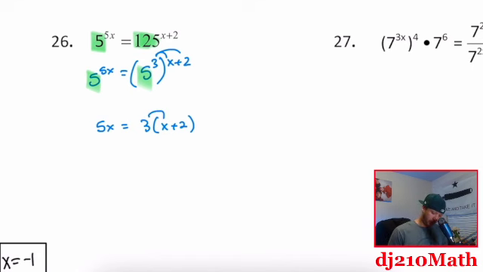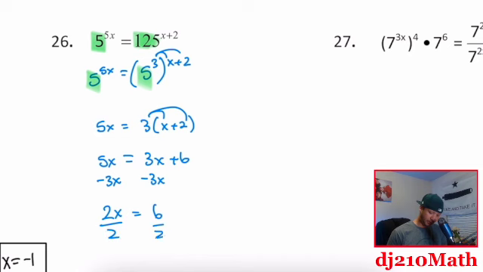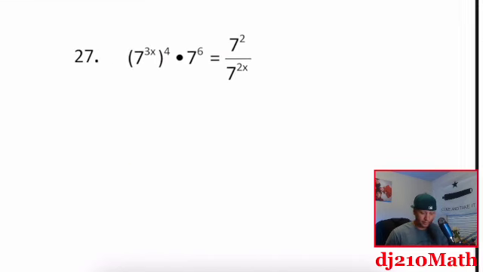So when we distribute, we get 3x plus 6. 5x on the left. This is a one variable problem. Minus 3x. 2x is equal to 6. Divide both sides by 2. X is equal to 3. Final answer.